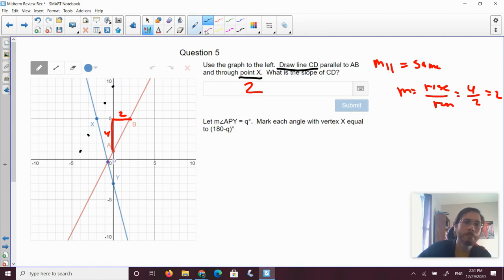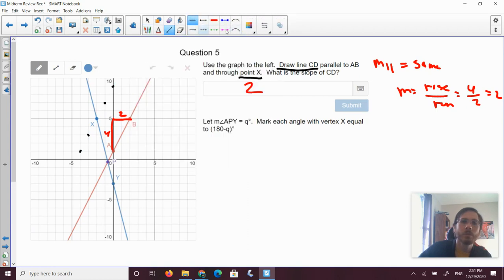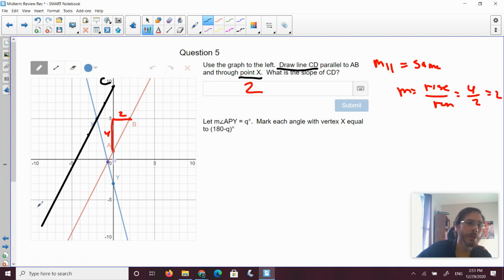And I can make a nice line. Oops, there's my line tool. So I want to remind myself that that is CD. So I'll put C right there, and let's put D down there somewhere. So I got CD in the picture. And I know that these two lines are parallel because they have the same slope.